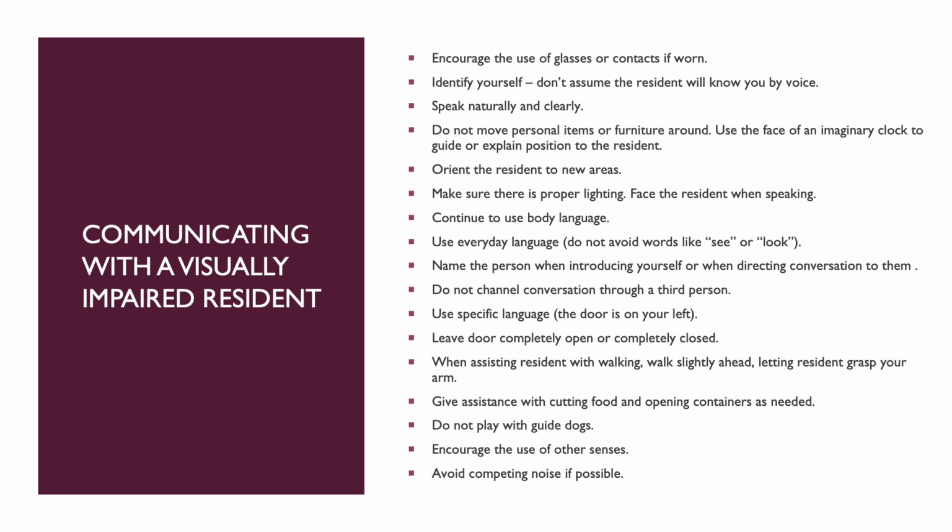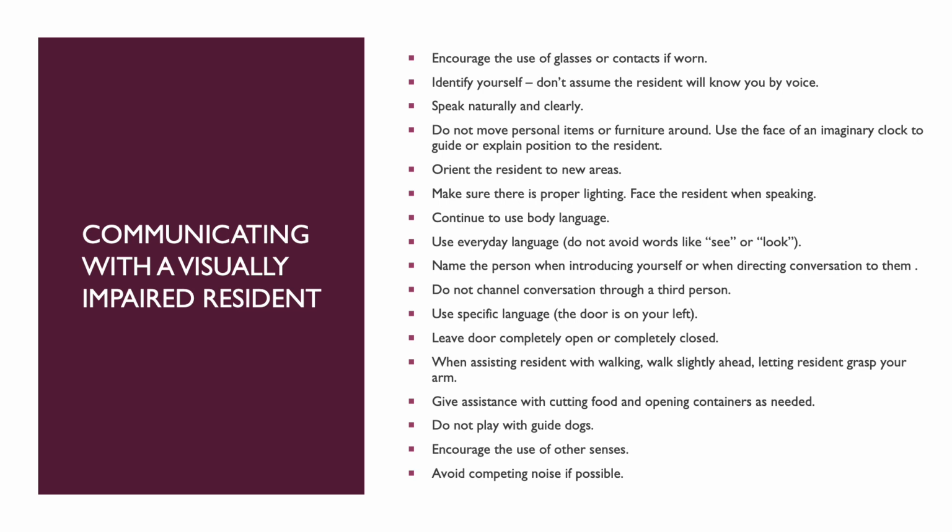When we're speaking to them about where things may be or explaining positions, we want to use an imaginary clock to guide or explain position to the resident. For example, if there's something directly in front of them, that's at 12 o'clock. If something is directly to the right, we could say 3 o'clock.